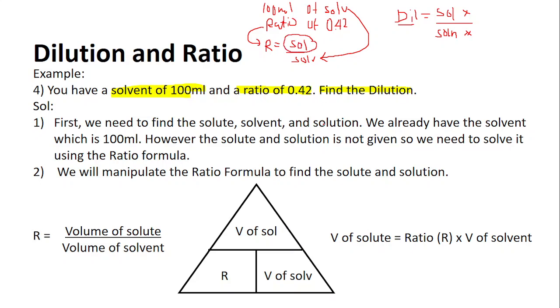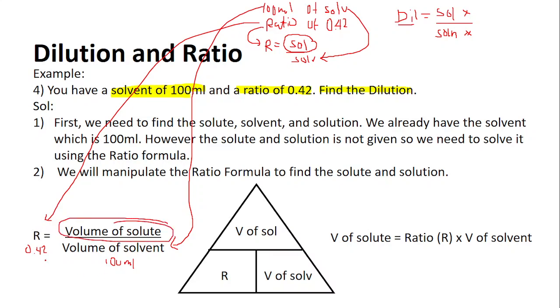So, if we can manipulate this formula, pwede ta mahanap si solute. Okay, pero saan ginimot ta kanina? So, ratio, again, is 0.42. Solvent naton is 100 ml. So, if we can manipulate the formula, pwede ta mahanap ini si solute. I-manipulate lang natin siya. So, we will use the triangle method.